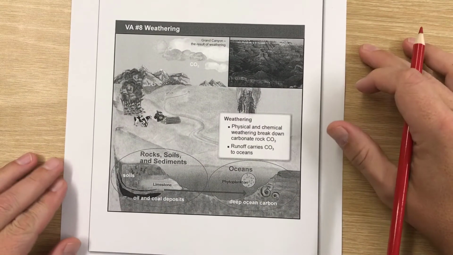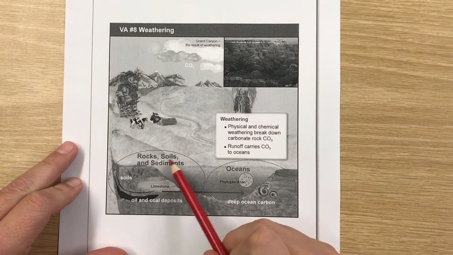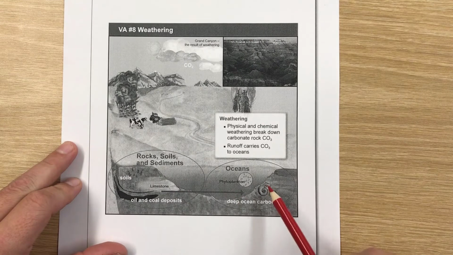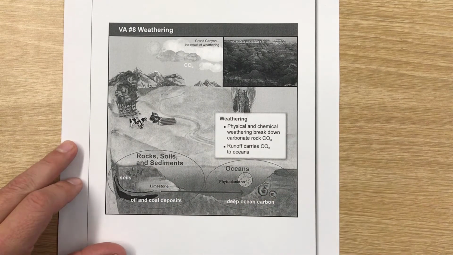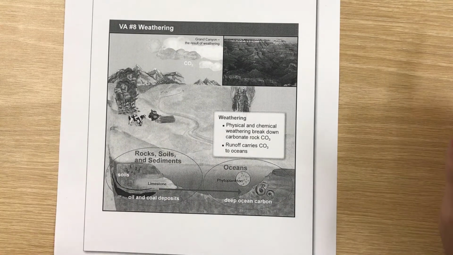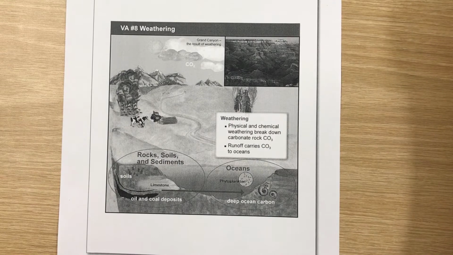Okay, the next process is weathering. So now we're going from the rock, soil, and sediment into the oceans. And this happens slowly over time, but it's been always going on since the Earth cooled and we had a crust and water that would cause erosion.